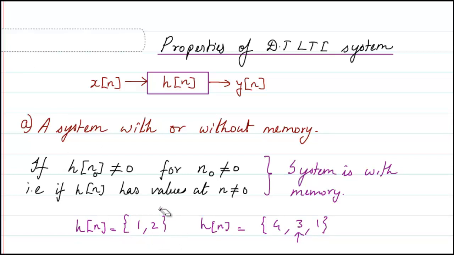In this case you can see that the value of h of n exists at times other than at the 0 axis. In this case we will say that the system is with memory.